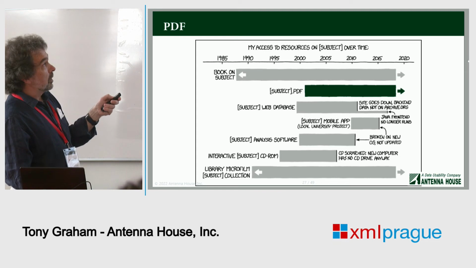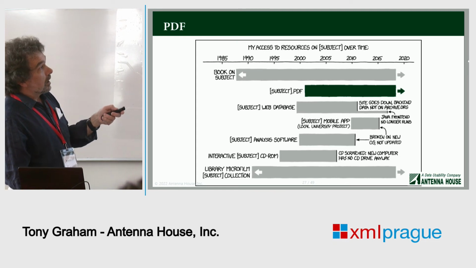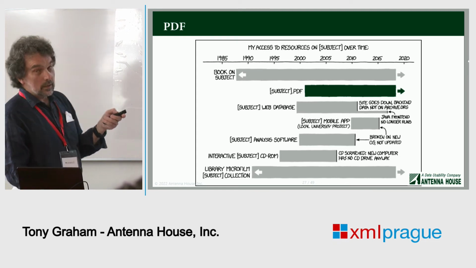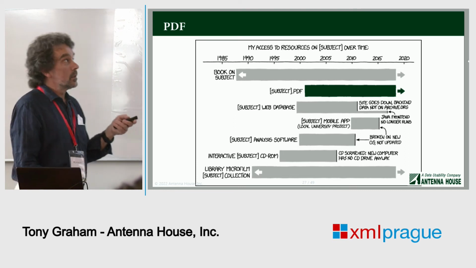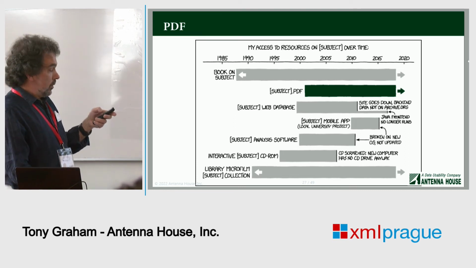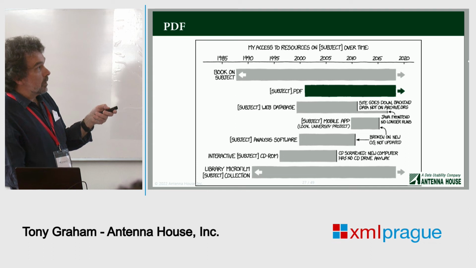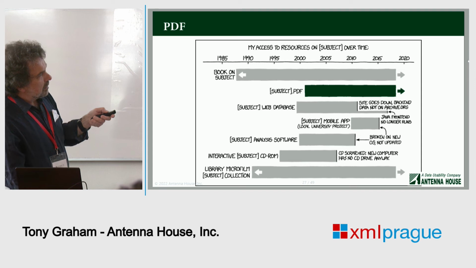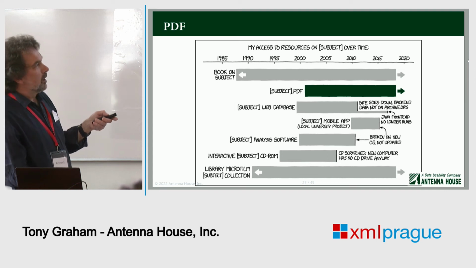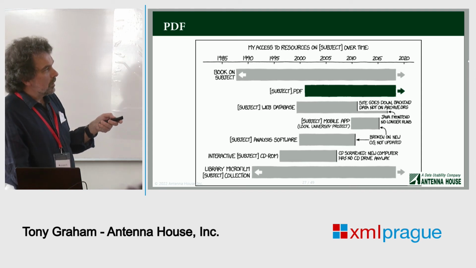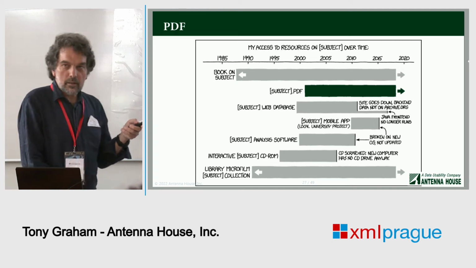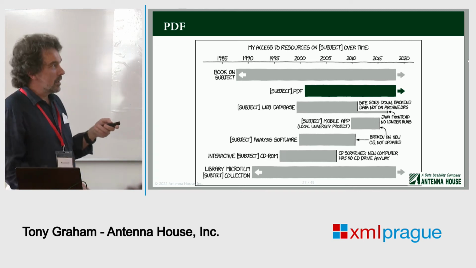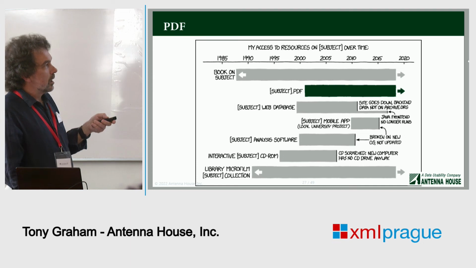It contends that a book on a subject is going to be accessible, well, basically forever until the paper degrades. If you put it in a web database, it'll work up until the site goes down or the back-end data is not reachable. A mobile app lasts for a little while until the mobile OS updates or something else gets changed.